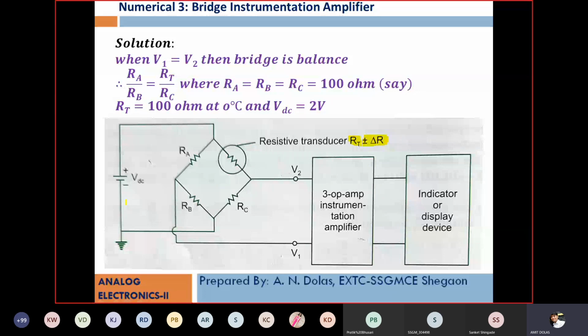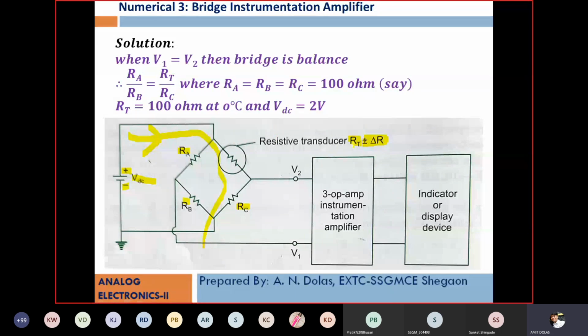Then the bridge is there where RA, RB, RC and RT are connected, wherein the bridge is excited by VDC, and here the sensor current will be 10 milliampere. One current will pass through RT because the total current will come from the source, that is VDC.